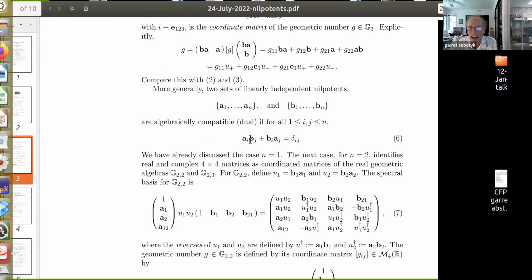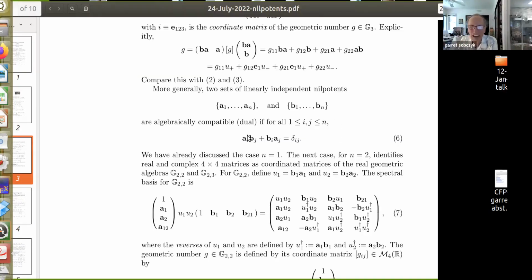In other words, ai bi plus bi ai is equal to 1, just as we had for just a pair A and B, where I omitted the indices then. So that's the generalization, which gives me all matrices, as coordinate matrices of geometric numbers now.